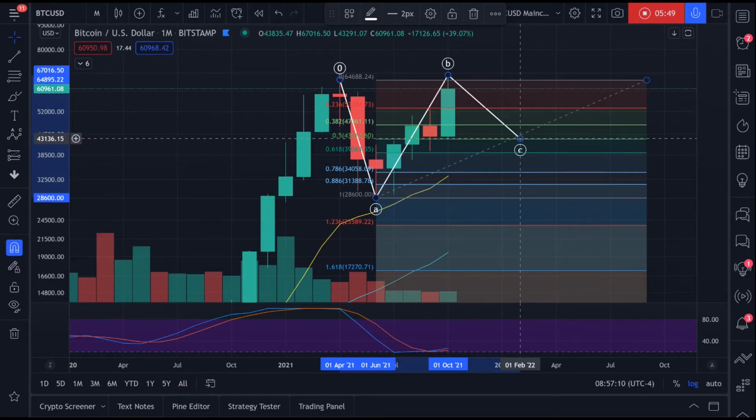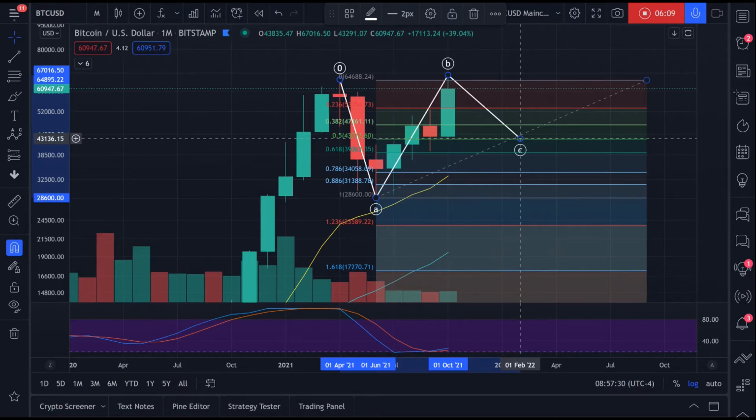And in a running correction, it doesn't give you wave C, okay? And that is important. Why?